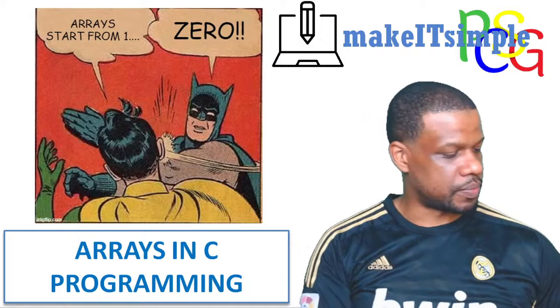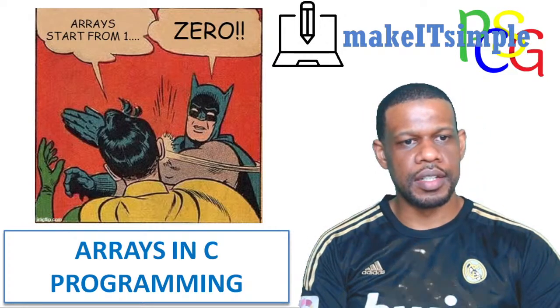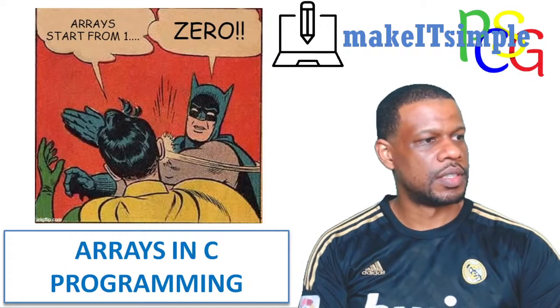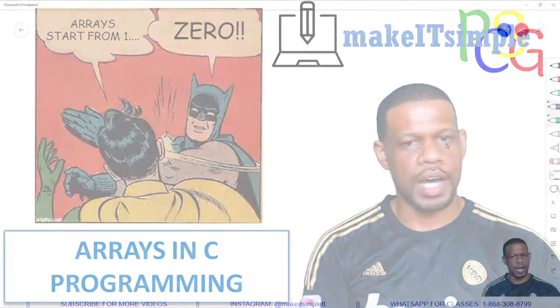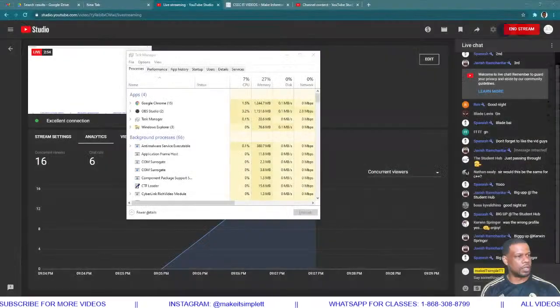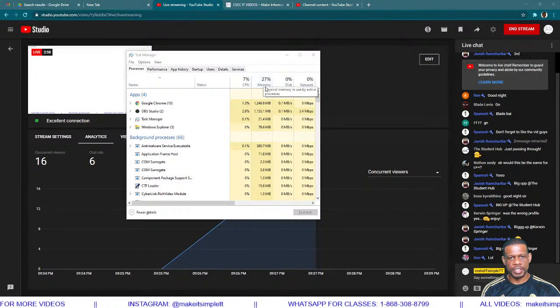Let me see what the PC is saying right now. Things looking calm. We on 7% CPU usage, 27% memory.